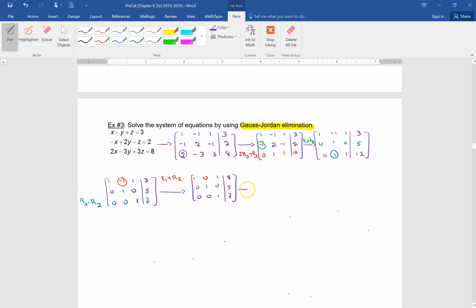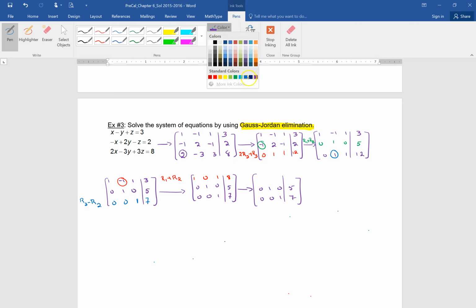So again, the 2nd and the 3rd rows will not change. Same thing. It's easier to do that. So you could do negative row 1 plus row 3, or row 3 minus row 1. So I'm changing this one now, and it's going to be row 3 minus row 1.